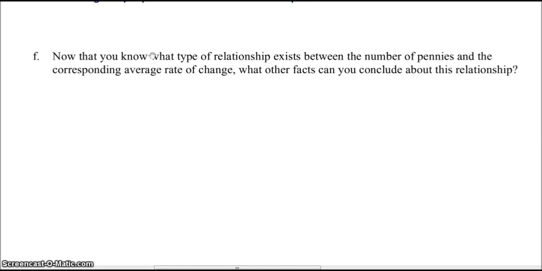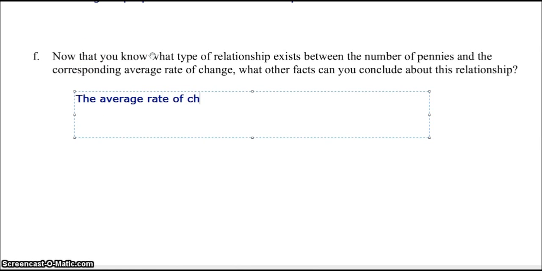Now that you know what type of relationship exists between the number of pennies and the corresponding average rate of change, what other facts can you conclude about this relationship? So we know there's a proportional relationship. That means the average rate of change is multiplied by something, depending on our unit of increase.